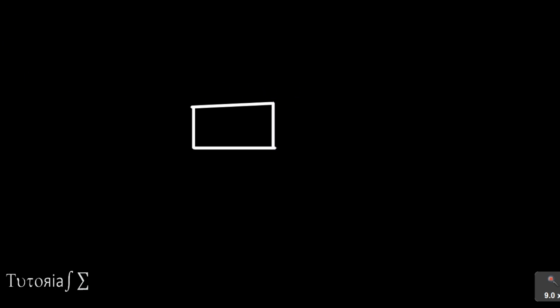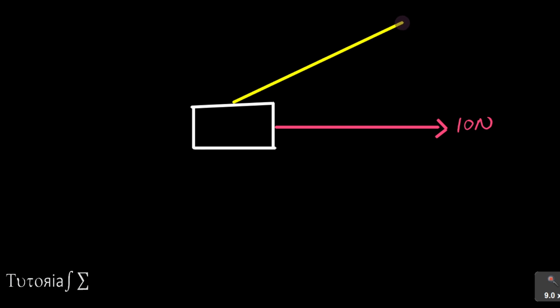Then I have maybe one student pulling horizontally in this direction with a force of, let's say, 10 newtons, and another student pulling in this direction here, at 30 degrees to the horizontal, with let's say 50 newtons.